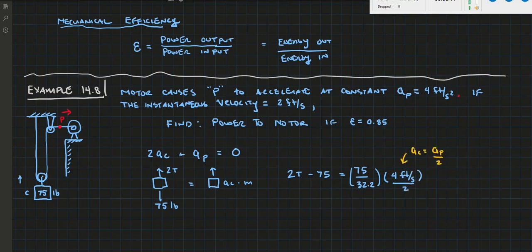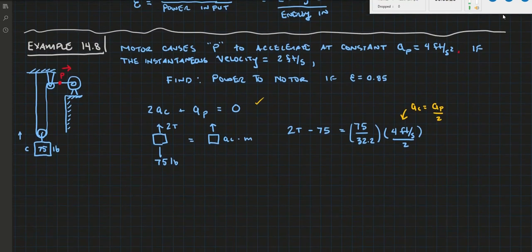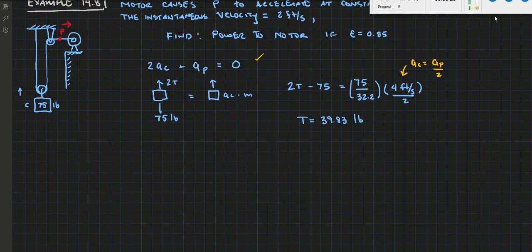And actually it meant half the acceleration of P based on our relationship. We can then find the tension in the cable of 39.83 pounds. So it's just simply a matter of then figuring out our power.